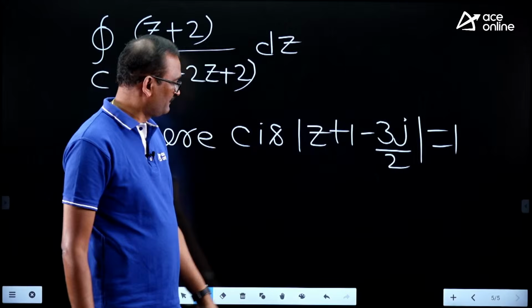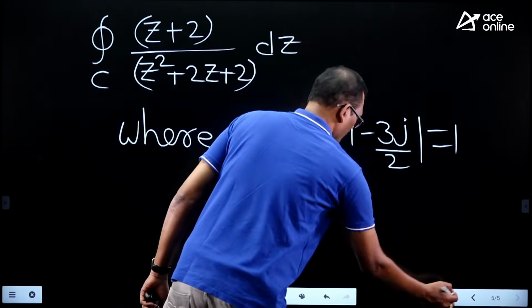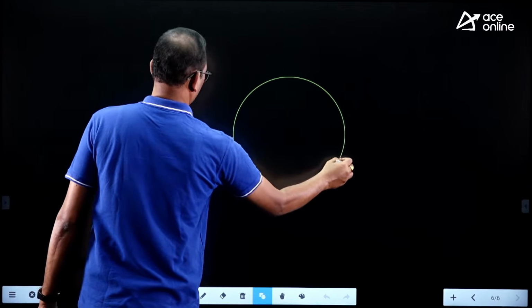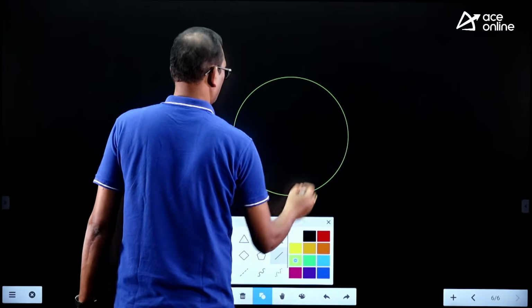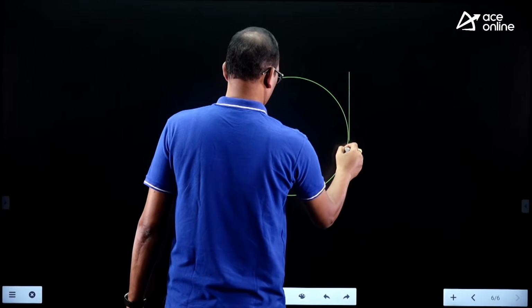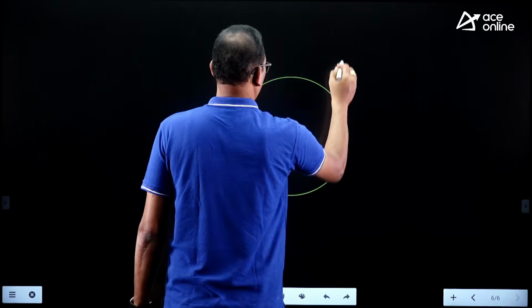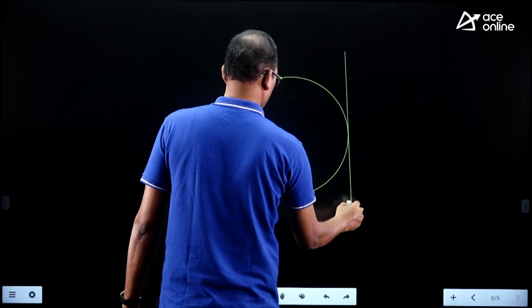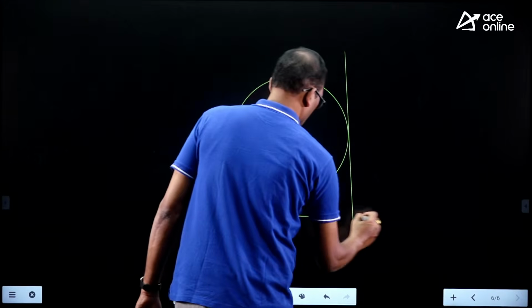First of all, what is the center of the circle? Minus 1 comma 3 by 2. So just to draw a circle, this is just a rough diagram only.